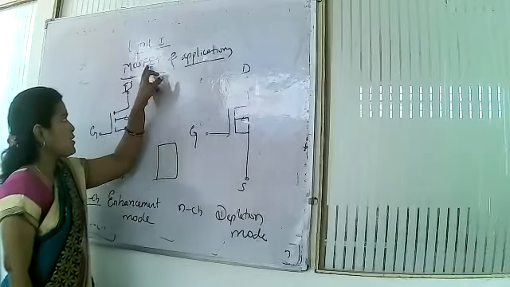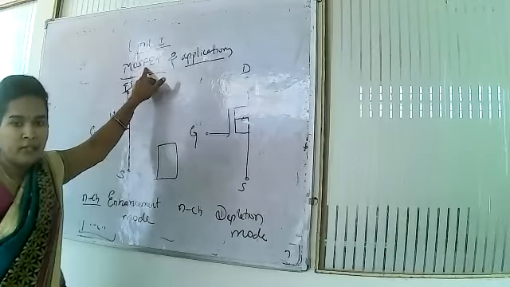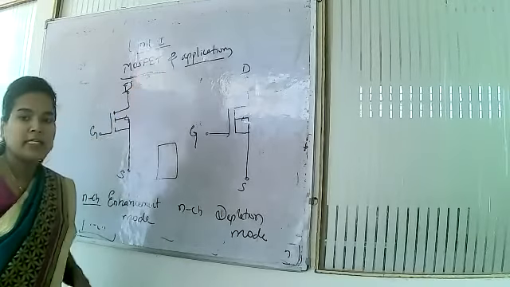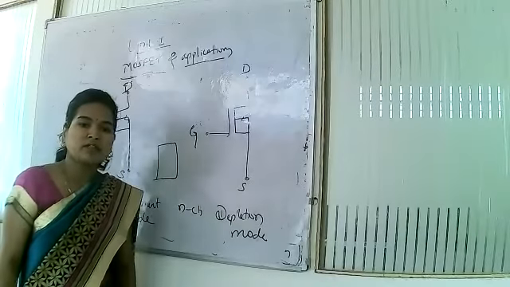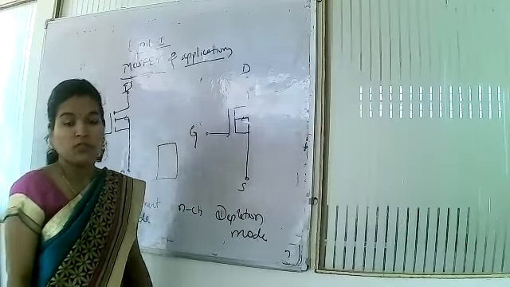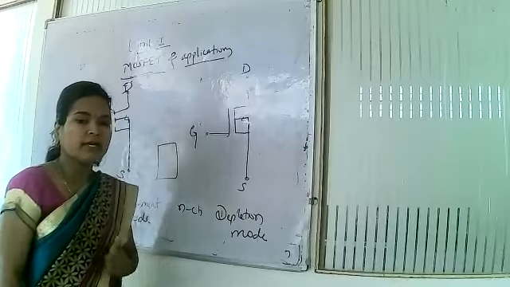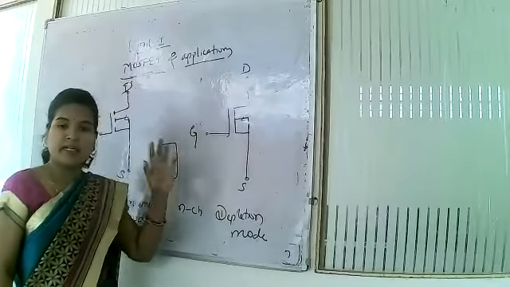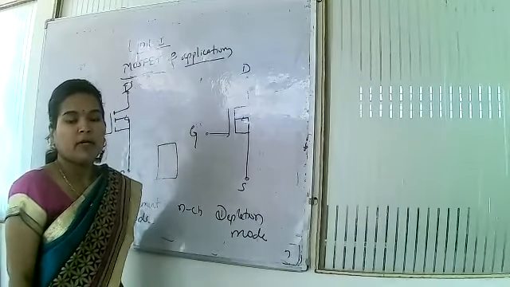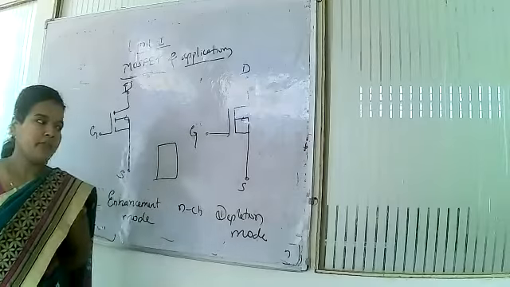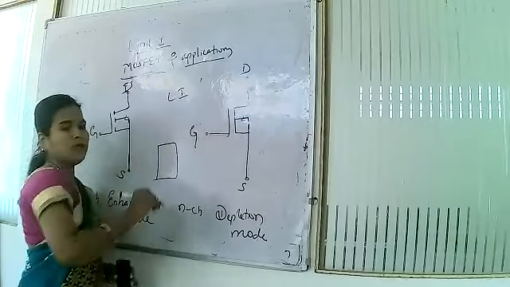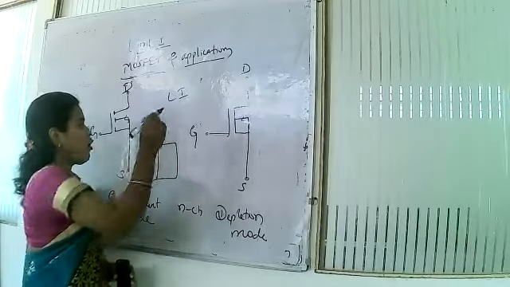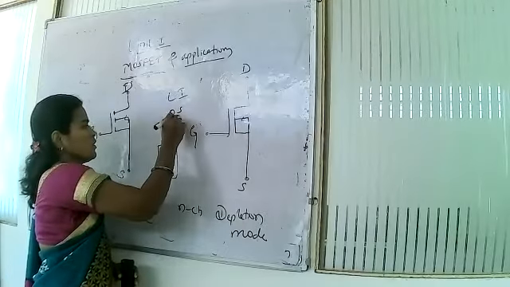So what I explained today is, what is FET? Field effect transistor. It has three terminals: gate, source, and drain. About the FET you have studied in your diploma already. The same thing applies to the MOSFET. But the disadvantage in the FET is that it has low input impedance and the operation is slow.